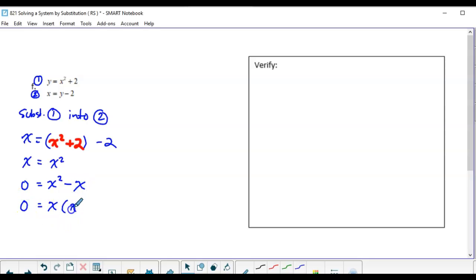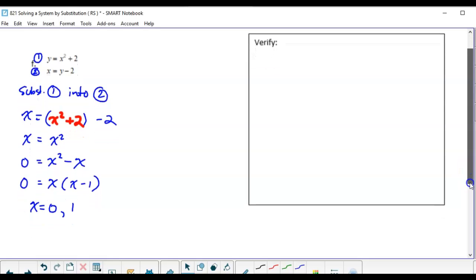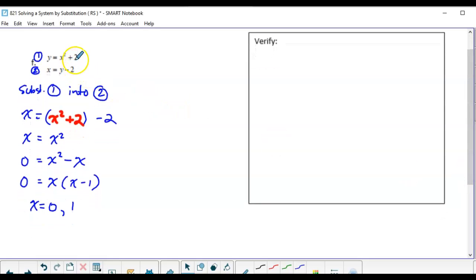It's a common factor. So our solutions here are 0 and 1. Now for what we call a linear quadratic system, we have to find the y value for each of these. So if x equals 0, then y equals 0 squared plus 2, which is 2. If x equals 1, then y equals 1 squared plus 2, which is 3.